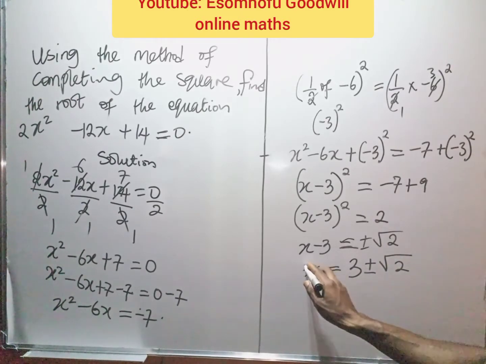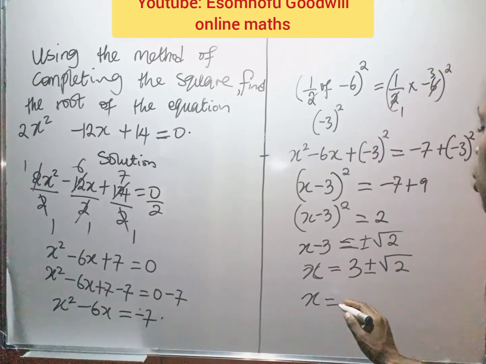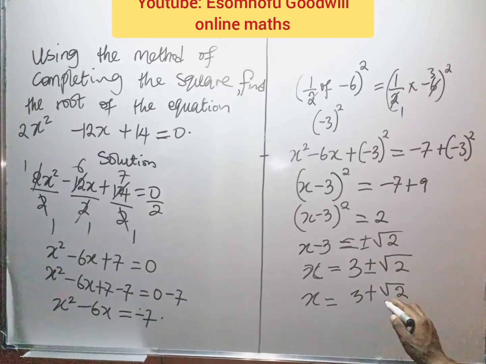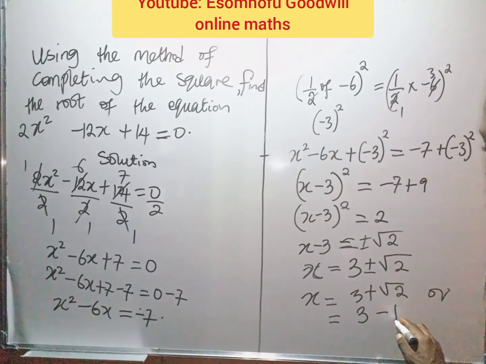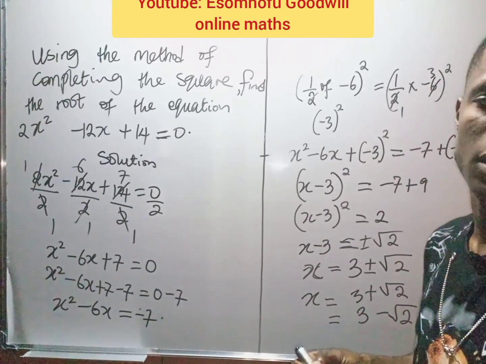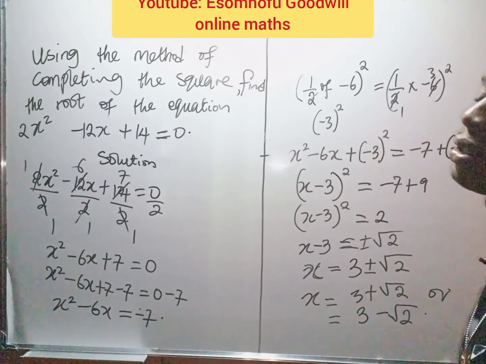Then at the last run, you can see that x is equal to 3 plus root 2, or x is equal to 3 minus root 2. So these are the two possible values of x: x equals 3 plus root 2 and x equals 3 minus root 2.